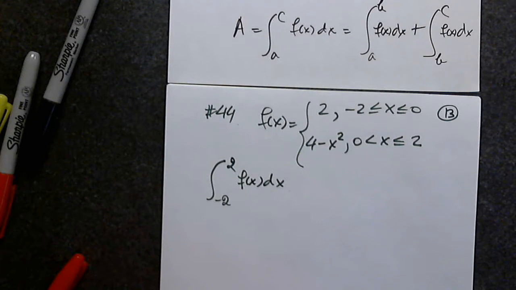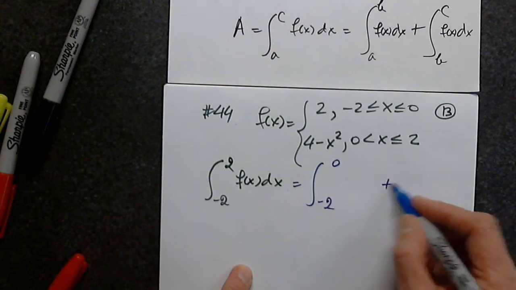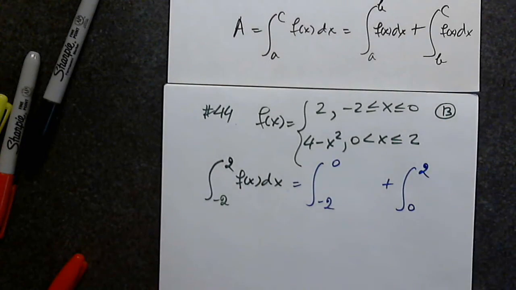So it's not continuous on the entire interval, but it doesn't have to be. It has to be continuous on pieces. So negative 2 to 0 plus 0 to 2.